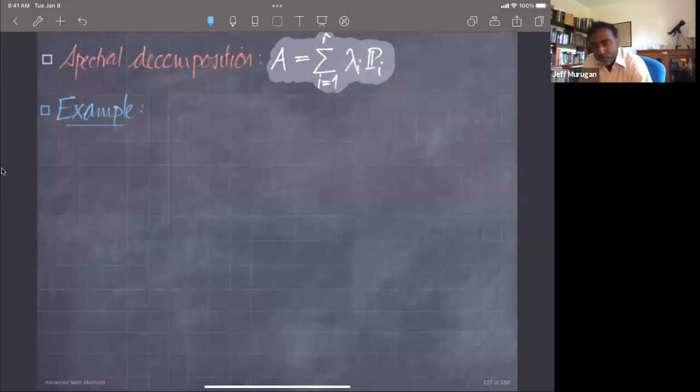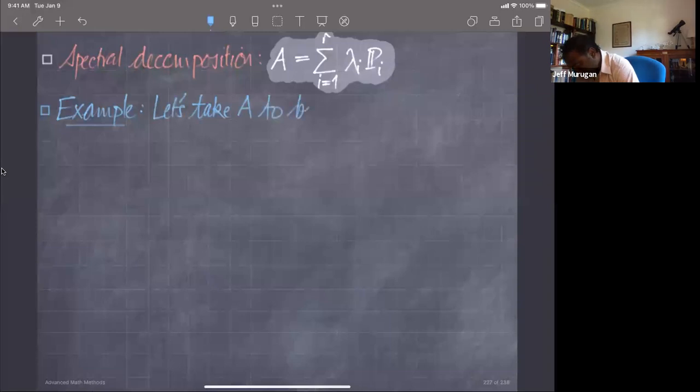So suppose I have the following. Let's take A to be a 2 by 2 Hermitian matrix.